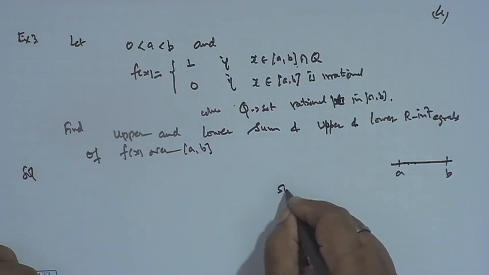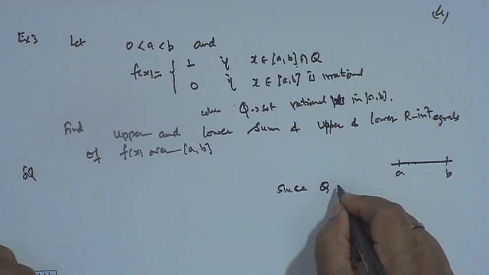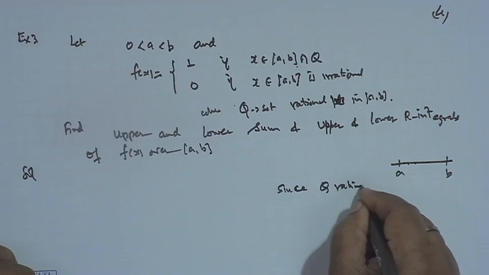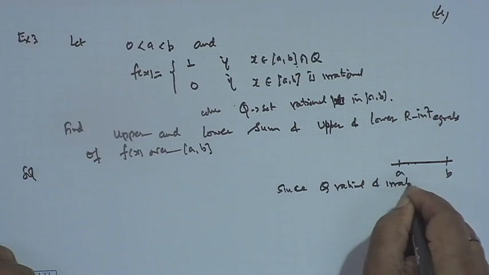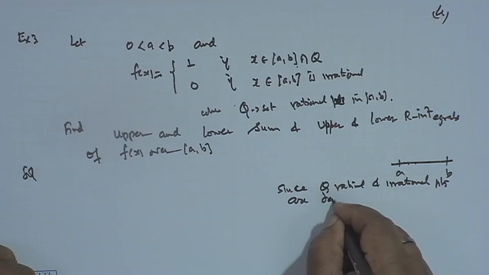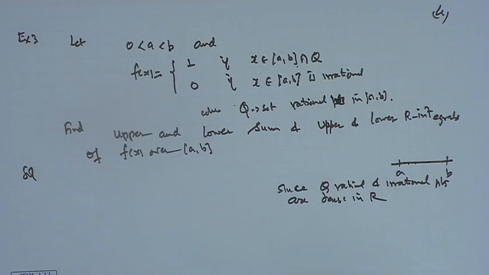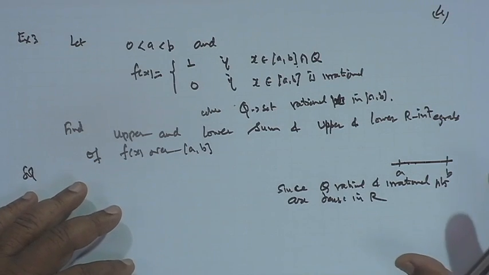Since rational and irrational points are dense in R, whatever subinterval you choose, there will be infinitely many rational points as well as infinitely many irrational points available. It means the function will attain both the values 1 and 0 over any subinterval. Okay. So, let us take a partitioning.